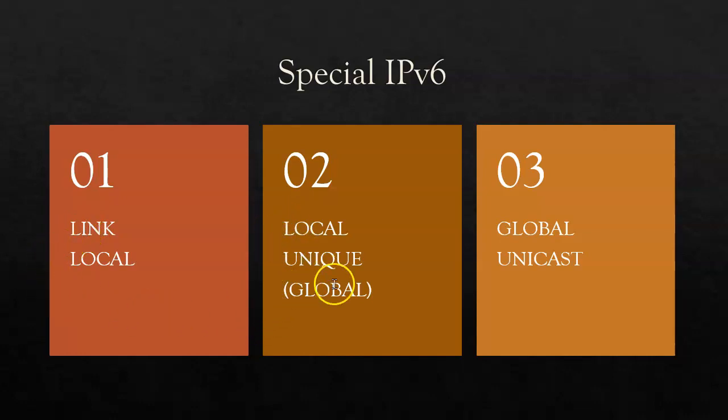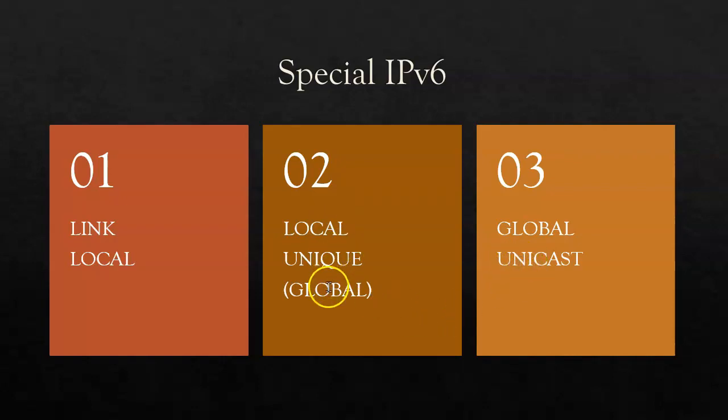Then we have a very special thing called a unique local address, and it is globally unique, with the caveat that the possibility does exist that we could have an address that is not globally unique, but it would be very rare. We'll go over the process of that. And then we have a global unicast address, and that's the way I would actually route traffic between devices.